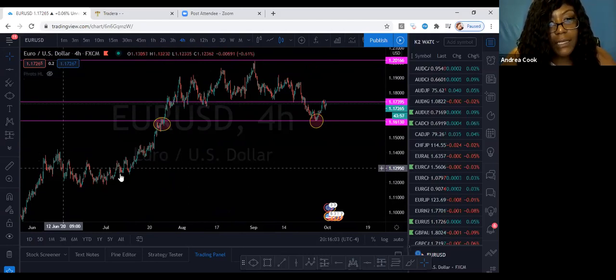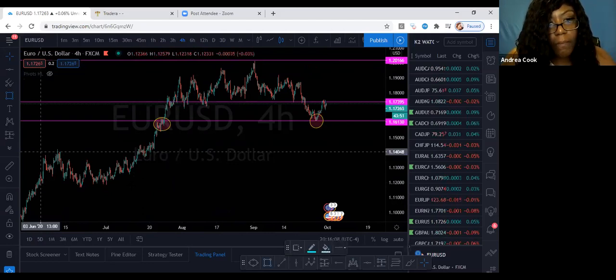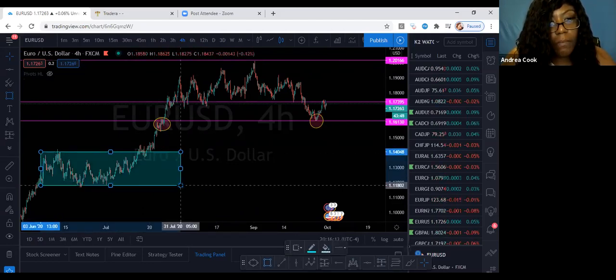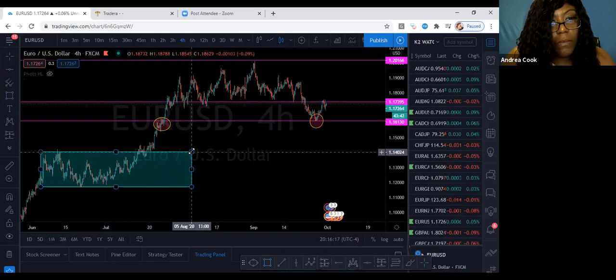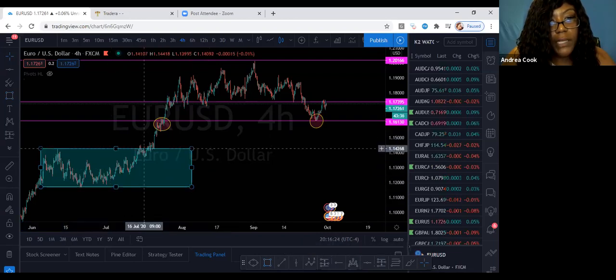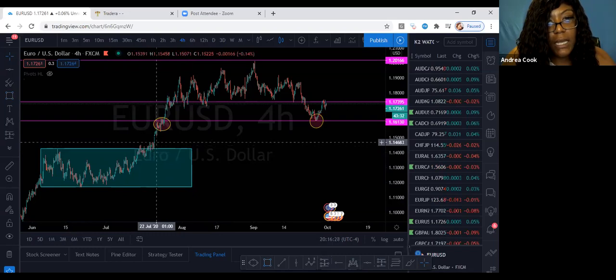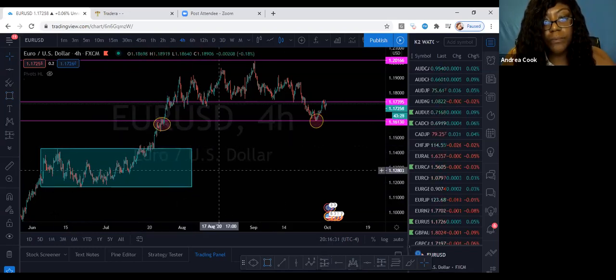Here was kind of consolidation, right? Now I'm only drawing it to here because that's where that wick went to. You see when price broke out of here, it retested, and it's going up. So we're in an uptrend.